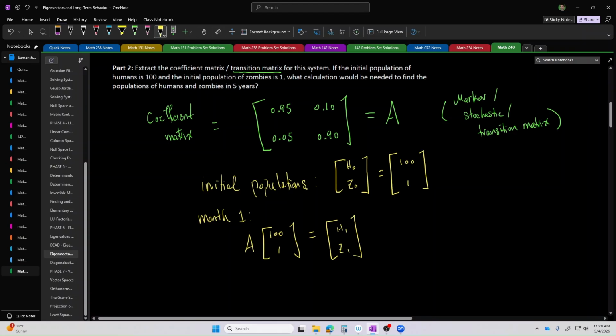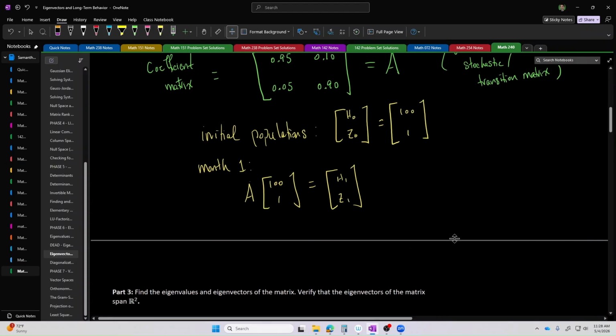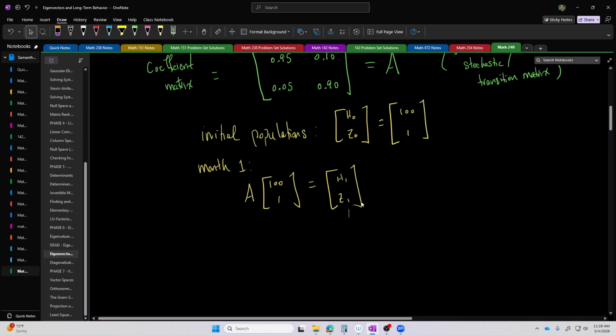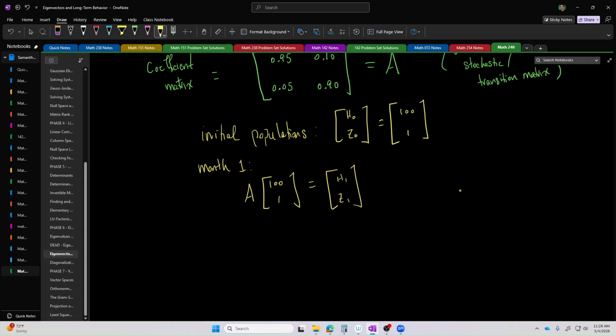If I wanted to figure out what was happening in month number 2, I would have to take that H1, Z1 and multiply it by the transition matrix again. Or in other words, I would have to take my initial state and multiply it by the transition matrix 2 times. (100, 1) multiplied by 2 copies of A would tell me what's happening in the second month, and so on and so forth.